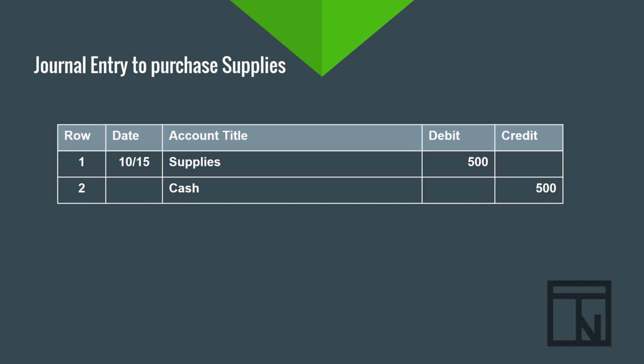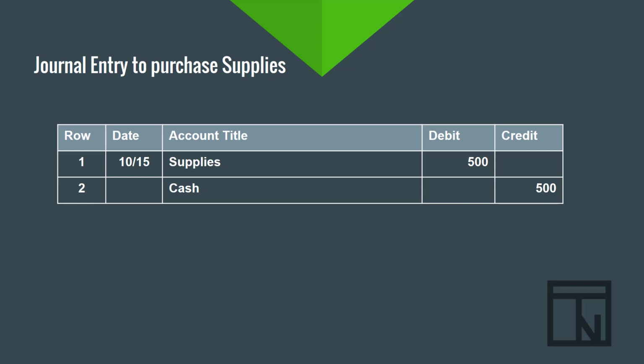When you're dealing with supplies, up until this point throughout the entire semester, every time we've purchased supplies, we've always debited supplies and credited cash or accounts payable. So this supplies account has been an asset account where we've held all of our supplies because supplies are an asset. But the thing is, over time, you're going to use those assets. For example, if I bought $2,000 worth of paper, throughout the year, I'm going to use some of that paper, and maybe at the end of the day, I only have 1,500 of it left.